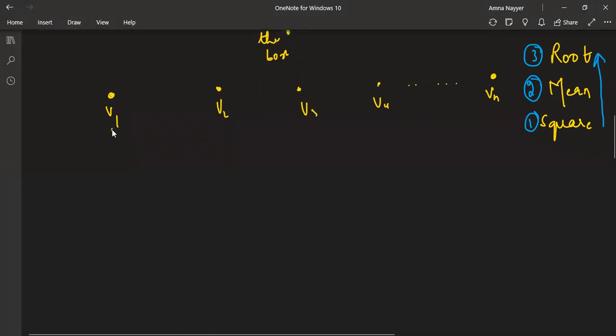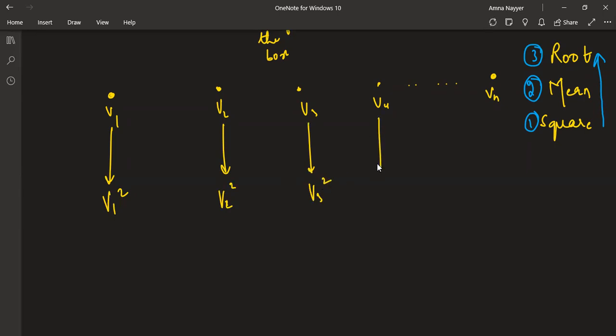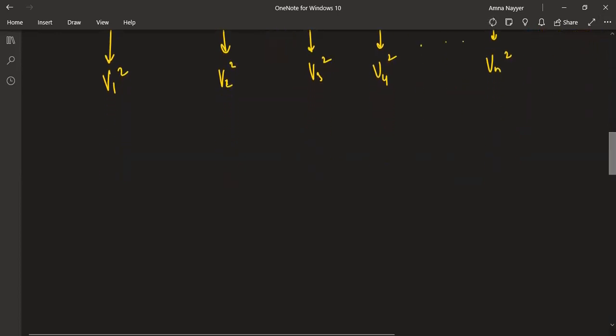So first squaring: v1 will become v1 square, v2 becomes v2 square, v3 becomes v3 square, v4 becomes v4 square. So till the nth molecule, vn will become vn square. So squaring is done. Second step, mean, to find out the mean. Mean value, you know how to calculate the mean value. You add all the quantities and divide by the number of quantities that are present.